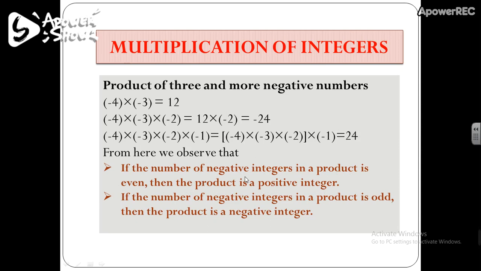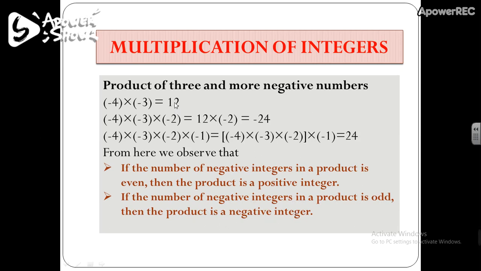That means if we have an even number of negative integers, then the product is a positive integer. And if the number of negative integers in a product is odd, then the product is a negative integer.